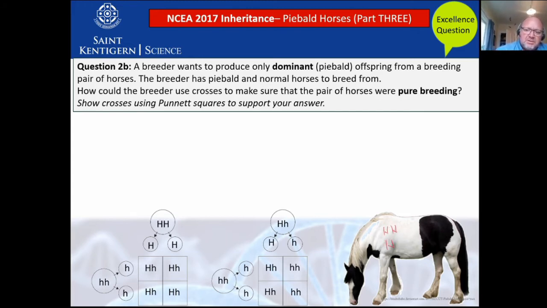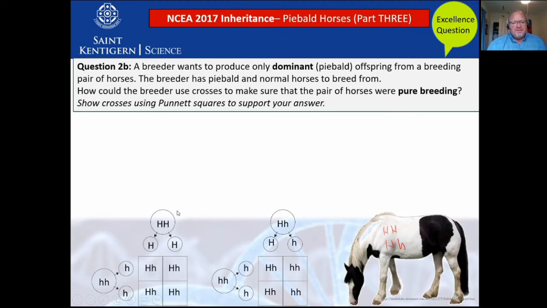Homozygous dominant or heterozygous. Now, to do that, we say, fine, we need to cross it with a known recessive. So how a test cross works is you take your animal that you want to test and you cross it with a known recessive. So in this case, you will cross this horse with a normal horse, and then you will monitor the offspring.